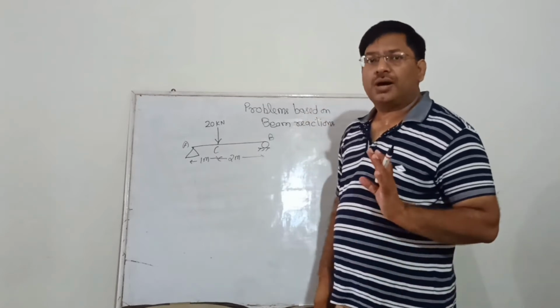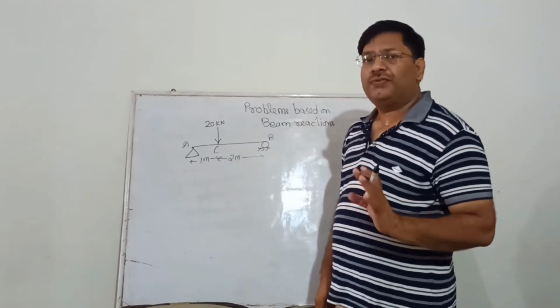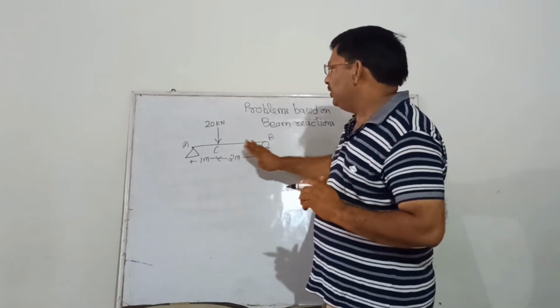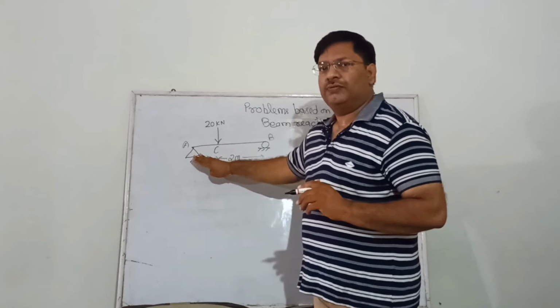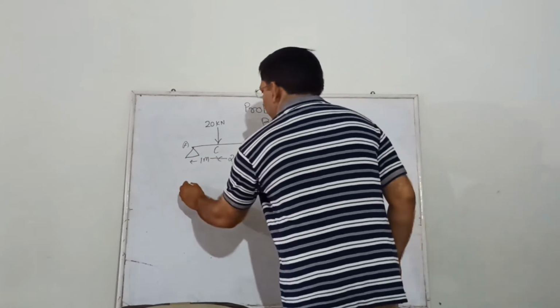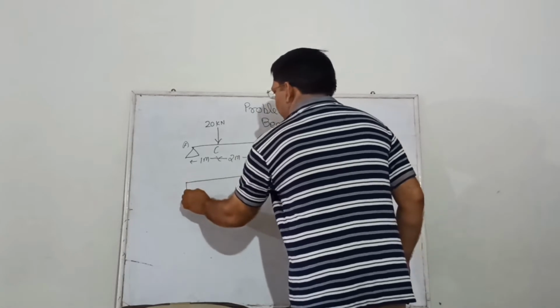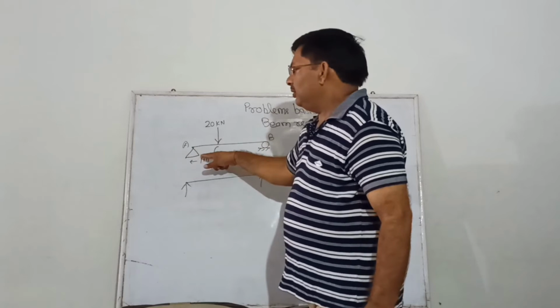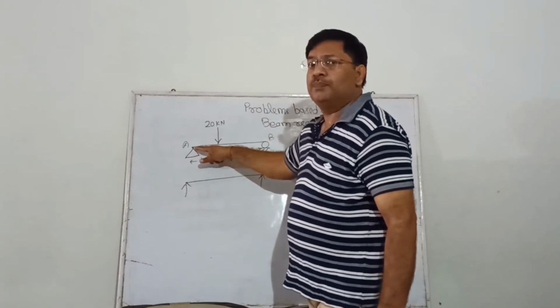So our first task will be to draw the free body diagram of the beam. That is, we will remove these supports and in place of these supports we will take the reactions and draw the diagram. So that diagram will be the free body diagram for this beam. Now you can see that this is a simple triangle, that is a simple support.